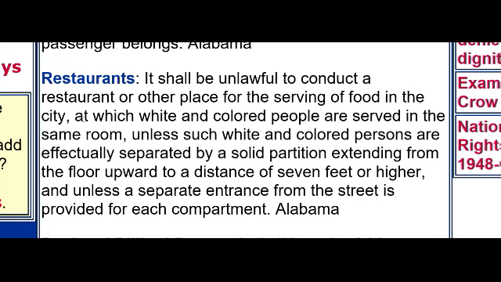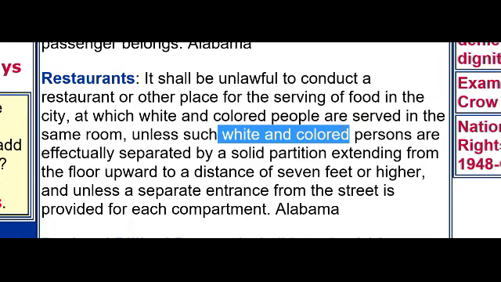In the restaurant, at which a citizen and colored people are served in the same room, unlawful. No way. You got to separate it. Unless such white citizen and colored, the non-citizens, are effectively separated.